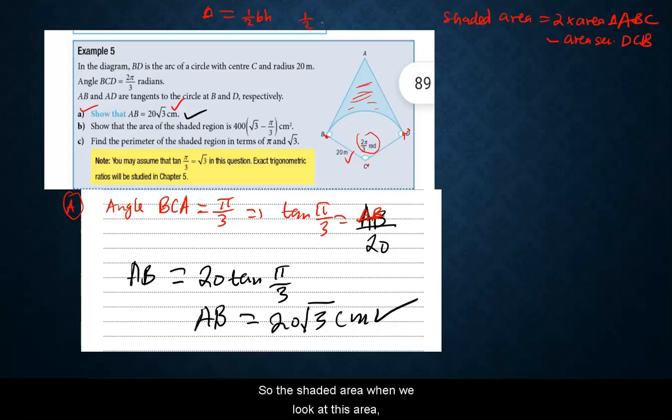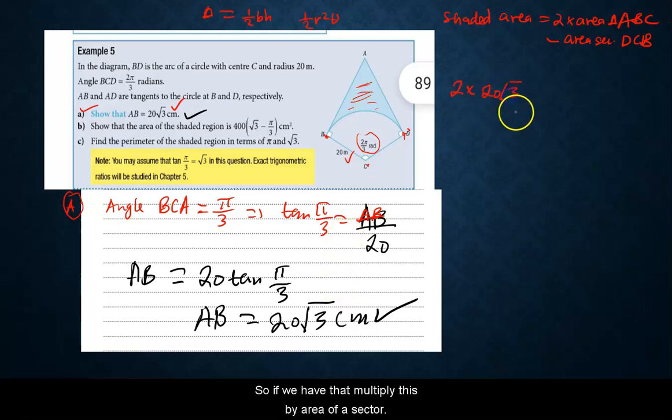So for the shaded area, we already have 2, so it is 2 multiplied by the area of a triangle, which is 20 root 3 that we got in A.